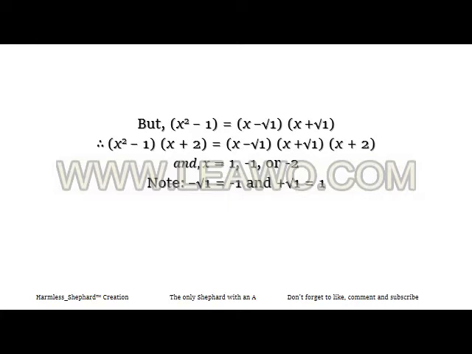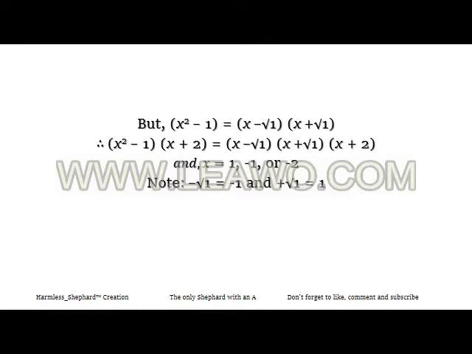Note that negative root 1 is equal to negative 1 and positive root 1 is equal to positive 1. So that's all for factorization by grouping.